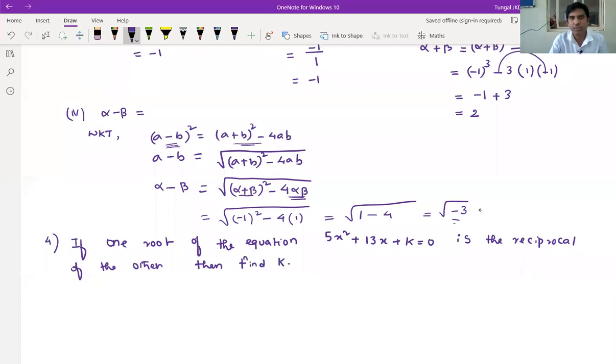That is the question. So if one root of the equation is the reciprocal of the other, then we have to find out the k value. Wait for 1 minute. If you know, you can do that.